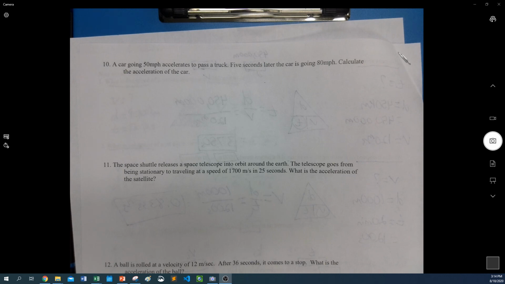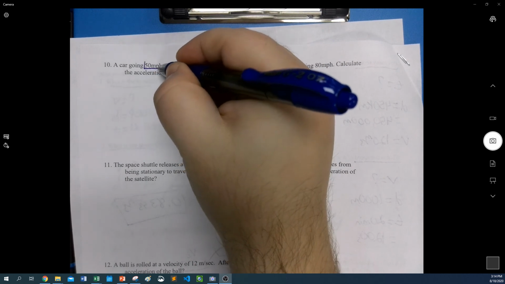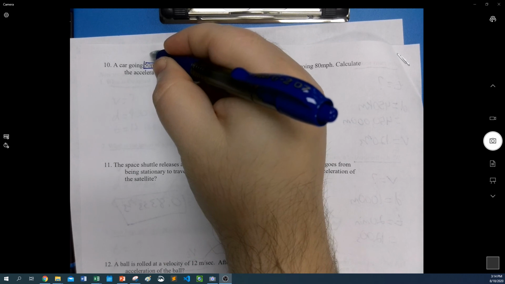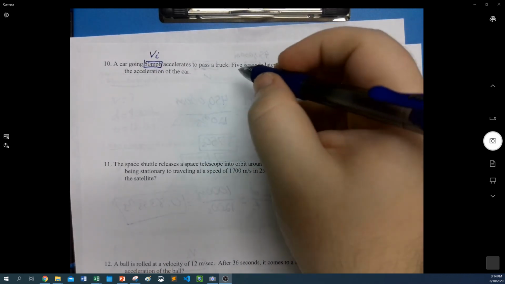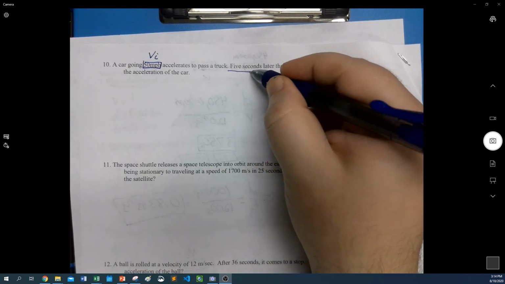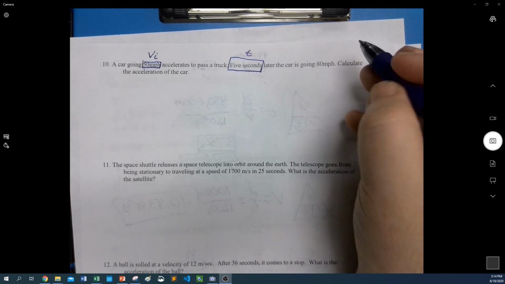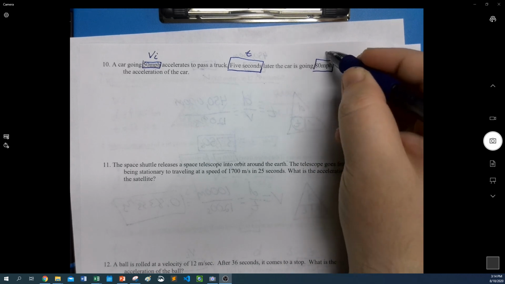Confused? Alright. A car going 50 miles per hour, so that's your initial velocity, accelerates to pass a truck. 5 seconds later, time, the car is going 80 miles per hour.